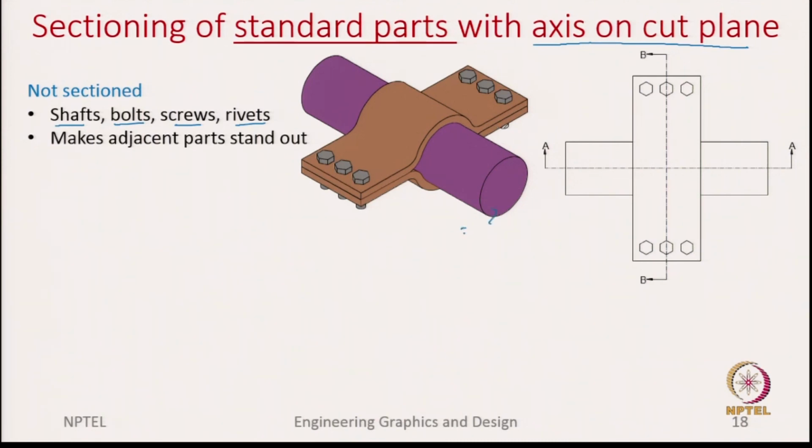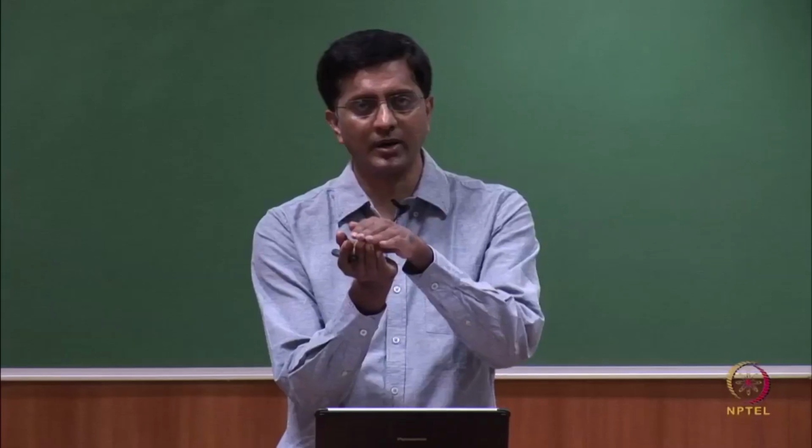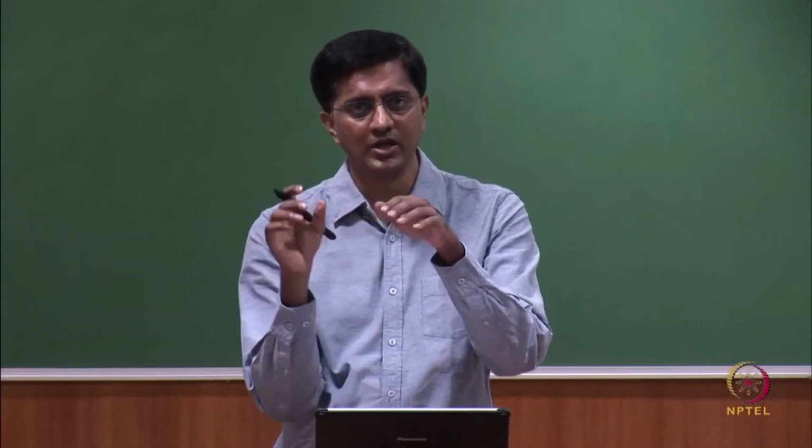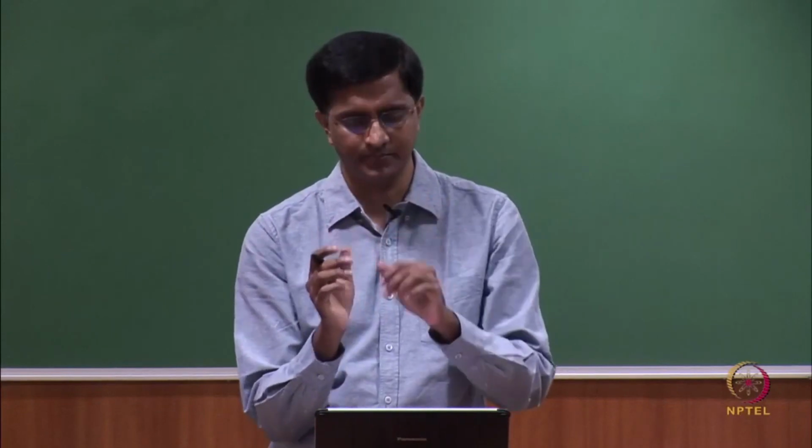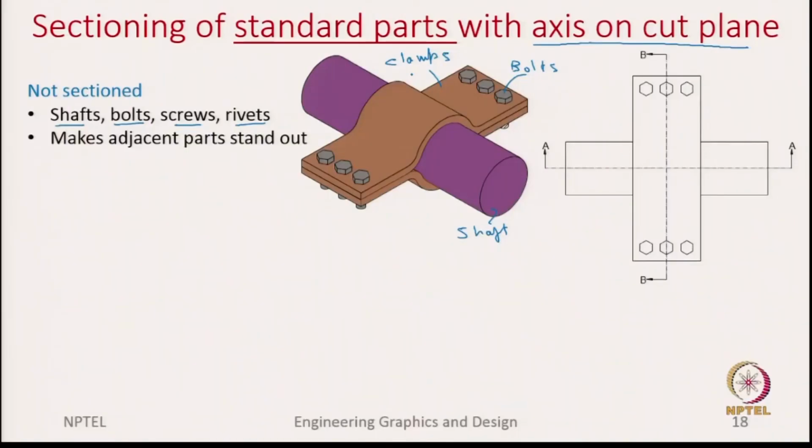We have this shaft. These are the bolts and these are let us say clamps. So, what are these two clamps? You will have clamp 1 at the top and clamp 2 at the bottom. They are holding a shaft which is passing between them. And how are you holding these clamps?